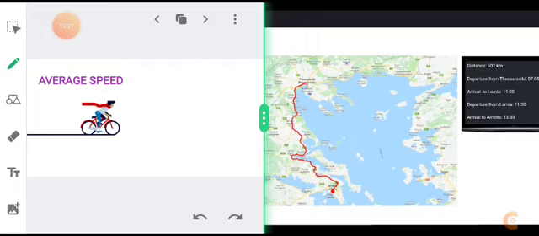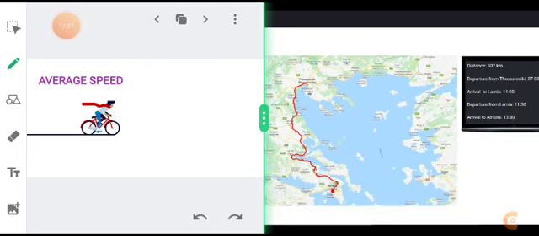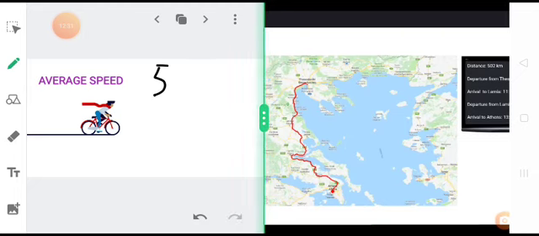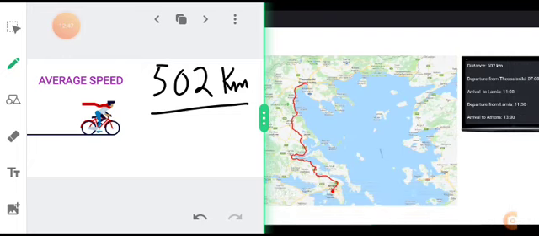See, this is the total distance traveled. You can see the total distance traveled is 502 kilometer. What is the time taken? It begins its journey at 7 hours and ends its journey at 13 hours.